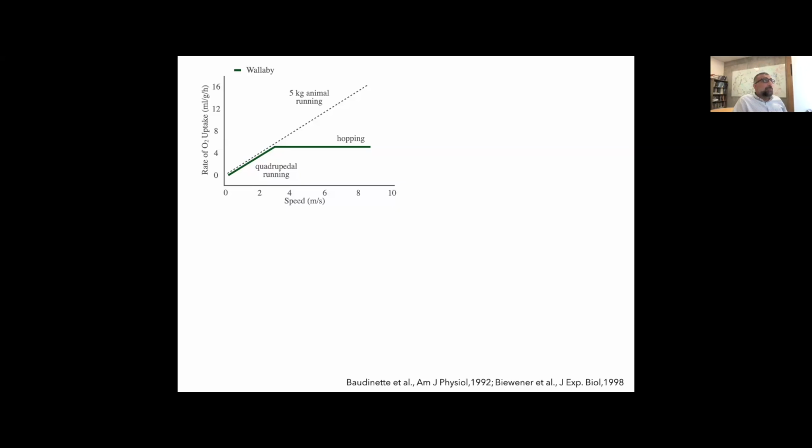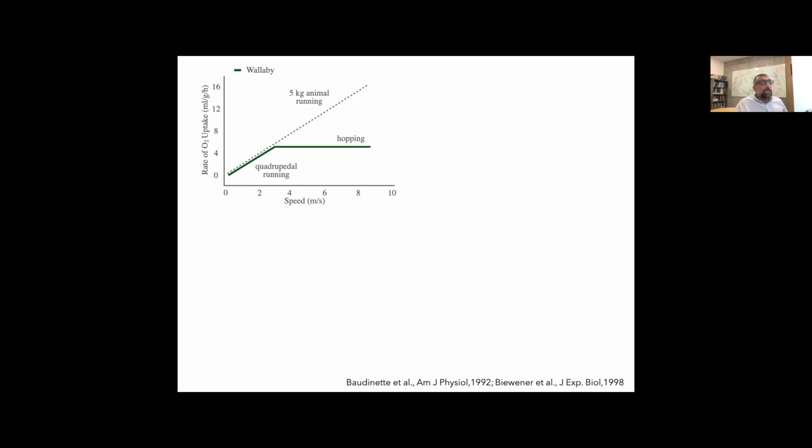What was found with wallaby hopping was that, in fact, once they start hopping around 3 meters per second, they transition from a weird quadrupedal running gait to a hopping gait. Once they transition to that hopping gait, their metabolic expenditure is largely independent of speed. Okay. And so regardless of how short that stance time is, it appears that that doesn't bear a significant cost in terms of metabolic expenditure.